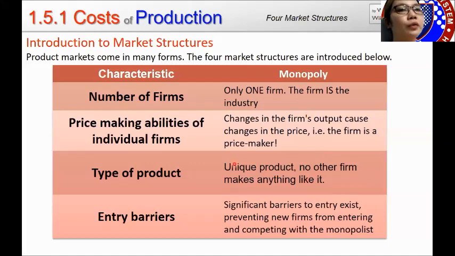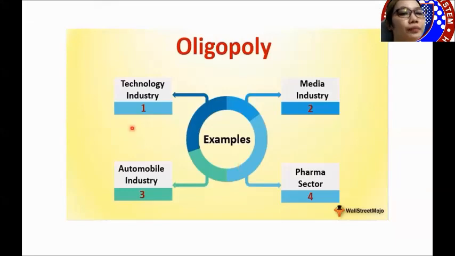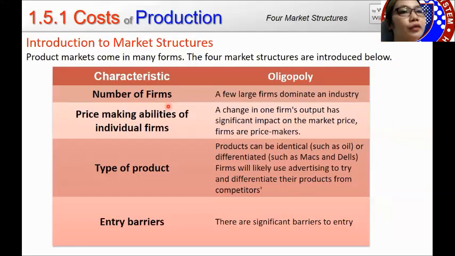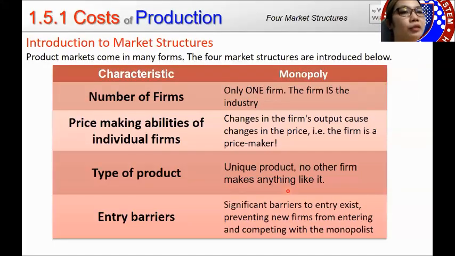Compared to oligopoly, wherein there are a few dominant firms producing similar products but with uniqueness, or selling differentiated products, in monopoly they are producing a unique product.